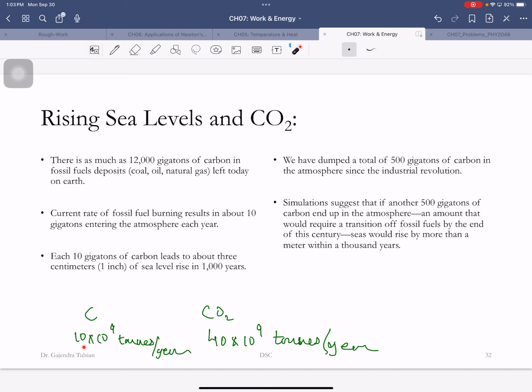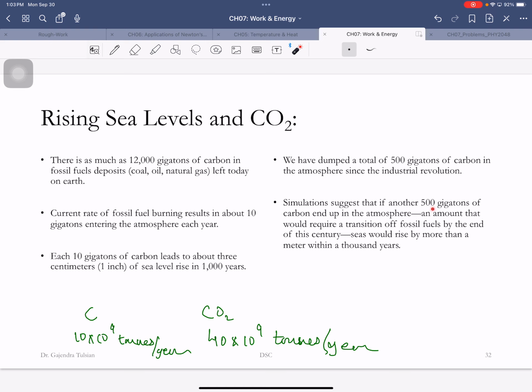The amount of carbon we are dumping has been exponentially rising. Simulations suggest that another 500 gigatons of carbon can end up in the atmosphere, maybe this is an optimistic number.